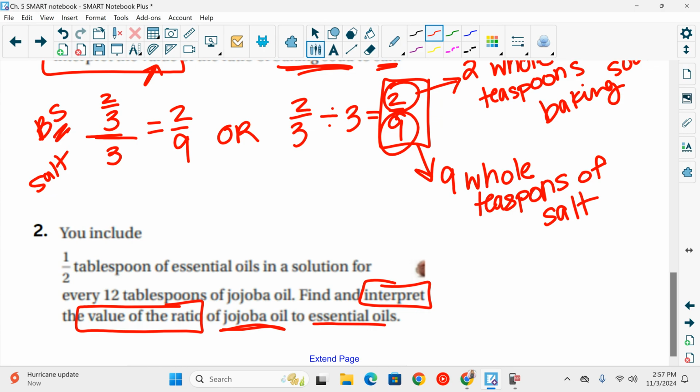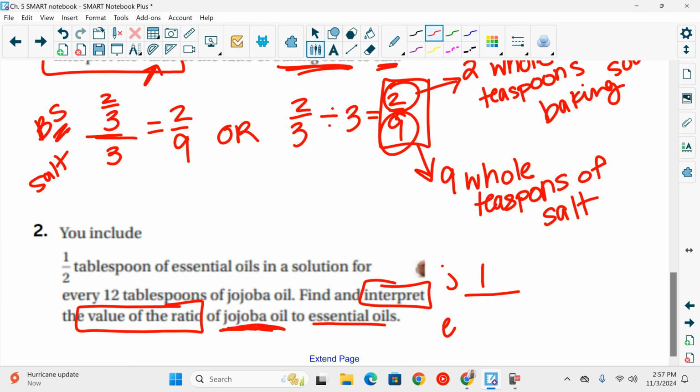Make sure you're paying attention to the order. They want jojoba oil first, so that's what needs to go first. Because we're talking about the value, you should be setting it up as a fraction. So the J oil goes on top, the E oil goes on bottom.